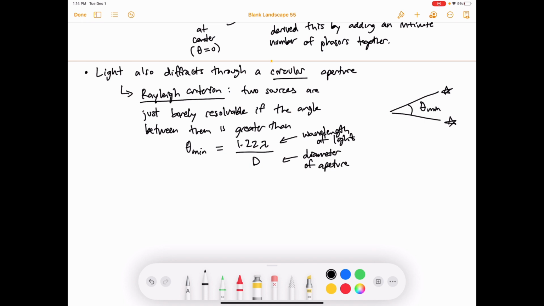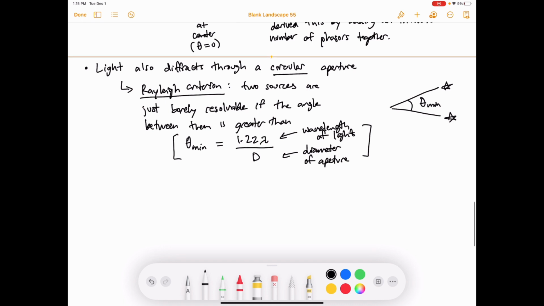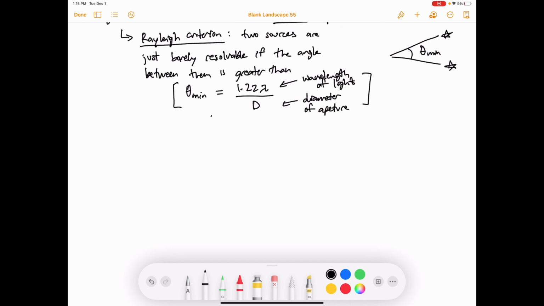And so if the angle is too small, those two diffraction patterns are going to be right on top of each other. There really won't be any way to distinguish them from each other. We're not going to be able to see these as two distinct points of light. But if the angle is at least this big, then we'll be able to distinguish them as two sources of light. The last thing to note is that when we calculate this angle, it comes out in radians.